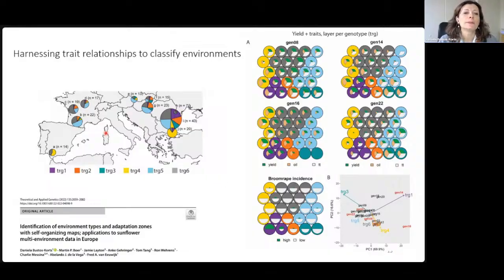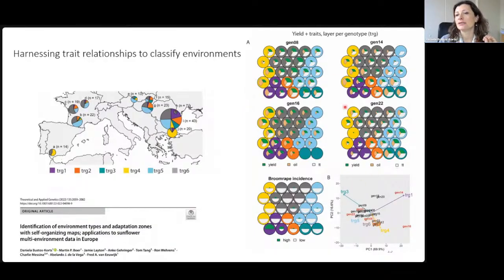Then we looked at these self-organizing maps, and we used each genotype. We said, well, actually, if we want to group locations, each of the genotypes is one probe, one way of testing how good that environment was. And we have some contrast.